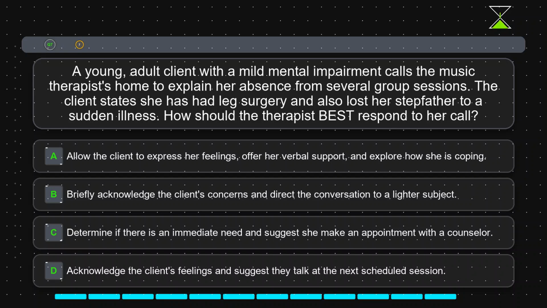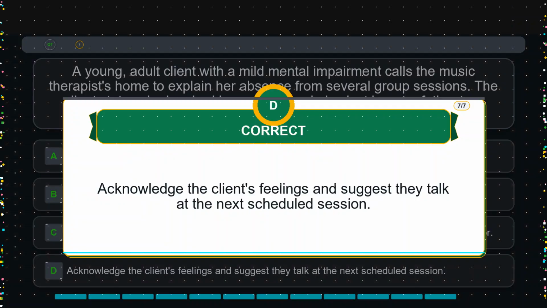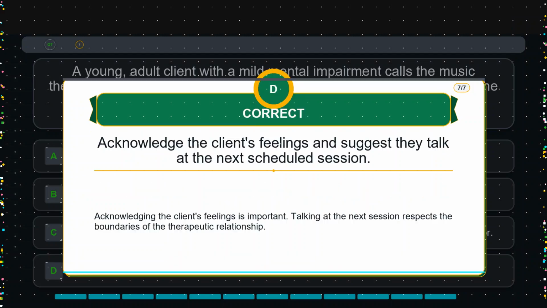Option C, determine if there is an immediate need and suggest she make an appointment with a counselor. Option D, acknowledge the client's feelings and suggest they talk at the next scheduled session. The correct answer is Option D, acknowledge the client's feelings and suggest they talk at the next scheduled session. Explanation. Acknowledging the client's feelings is important. Talking at the next session respects the boundaries of the therapeutic relationship.